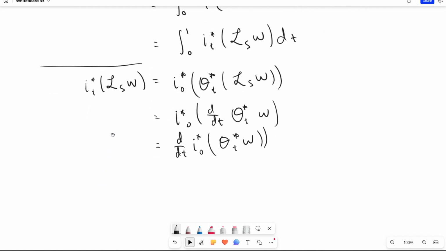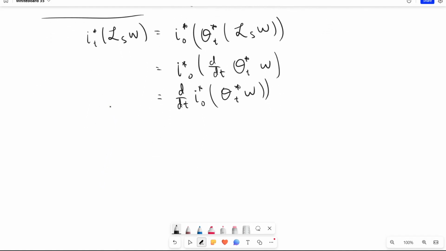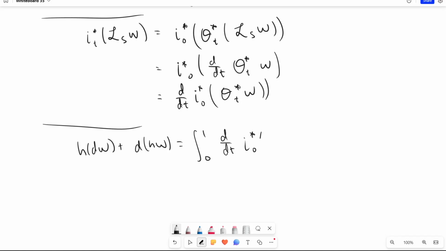And what does that give you? That gives you that h of d omega plus d of h omega is equal to this integral from 0 to 1 of d dt I_0 star of theta t star omega. So this is equal to, by the fundamental theorem of calculus, we evaluate theta at time 1 and at time 0.